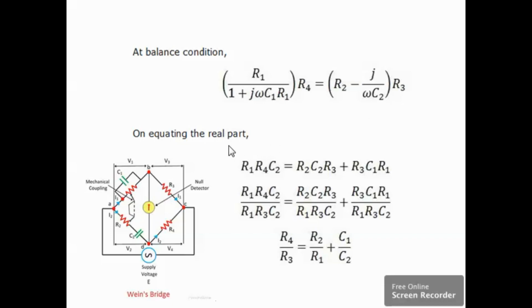On equating the real part and the imaginary part, on equating the real part, R1 R4 C2 is equal to R2 C2 R3 plus R3 C1 R1. On cross multiplying, we obtain R4 by R3 is equal to R2 by R1 plus C1 by C2.